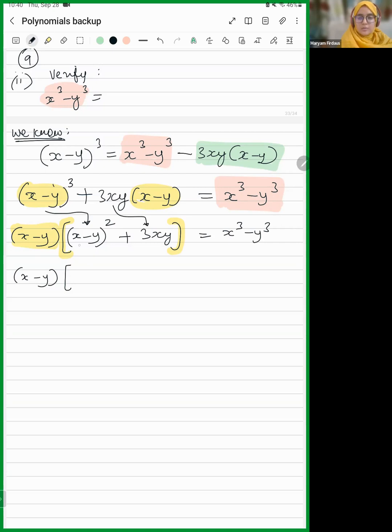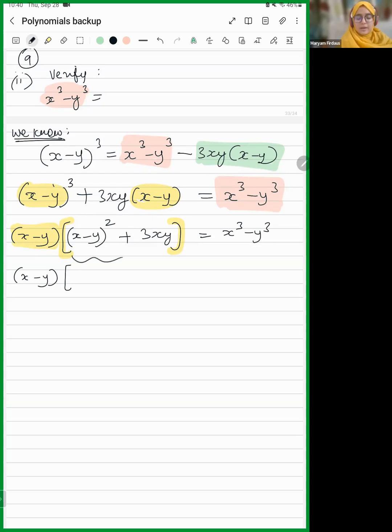So x minus y has been removed from both of them. That is why x minus y went off from here, and one power went off from here also, because it was a 3, it became a 2. Was I able to clear your doubt, or was your doubt something else? No, ma'am, you were able to clear my doubt. Chalo, okay, fine.